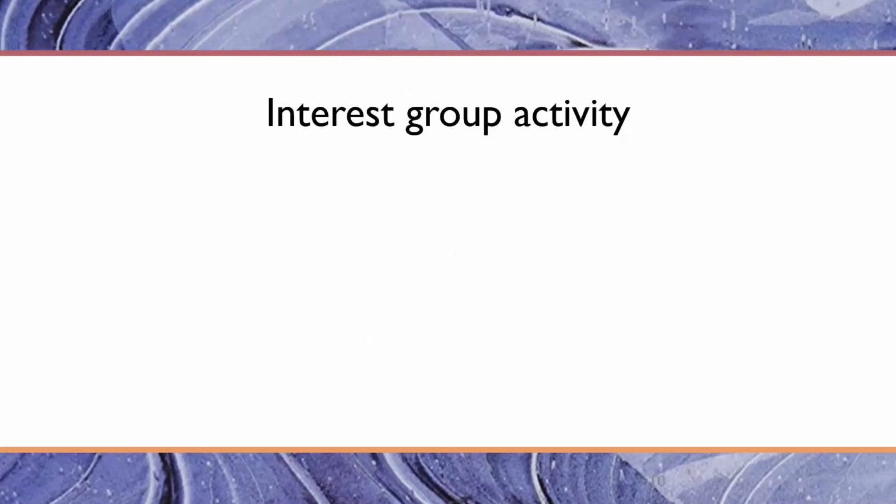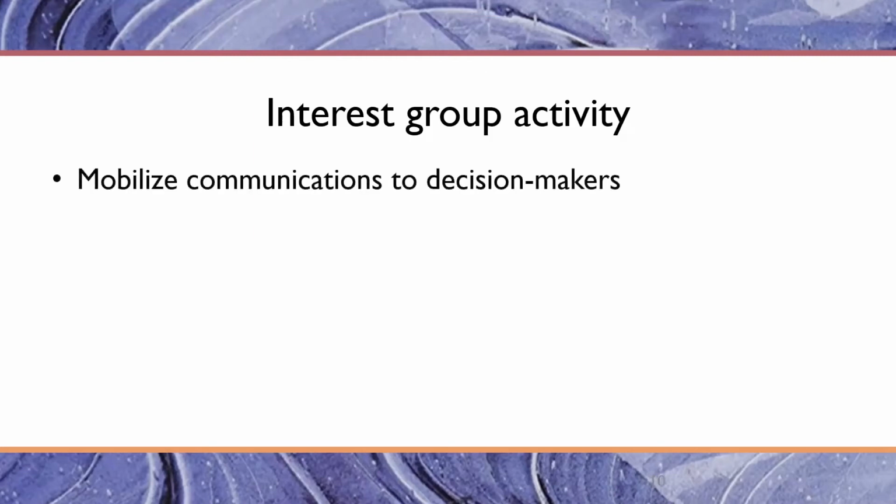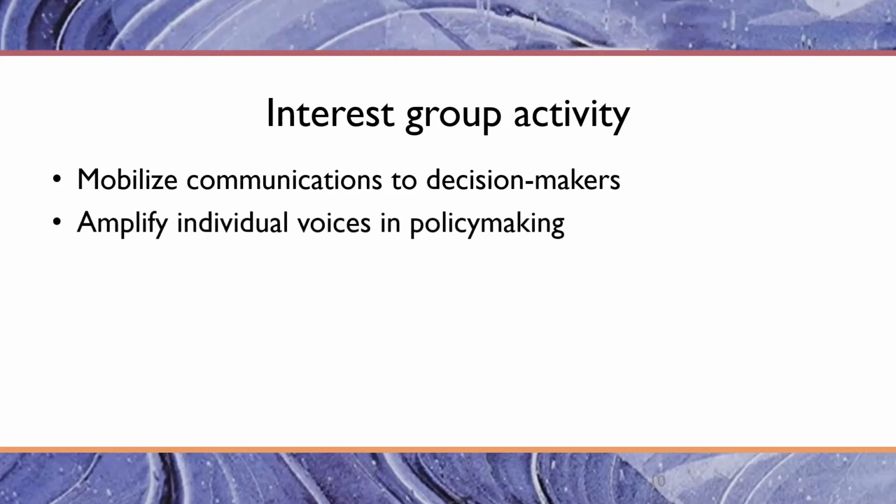So interest group activity is a really important aspect of the inputs in the policy process, because interest groups mobilize communication to decision makers, and they amplify individual voices in decision making or in policy making. Any one of us alone probably doesn't have that loud a voice, if you will, in the policy process, but acting as a group, acting in concert with other people, amplifies the voices that we have in the policy process.